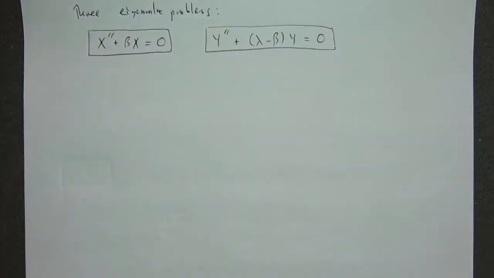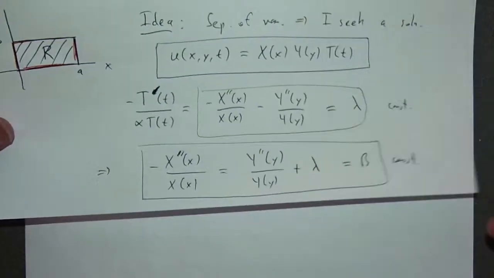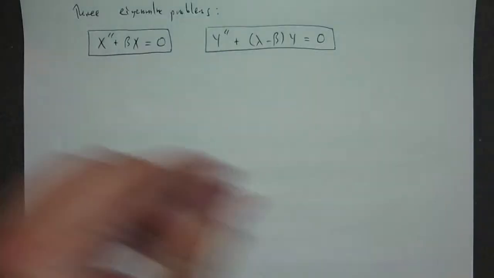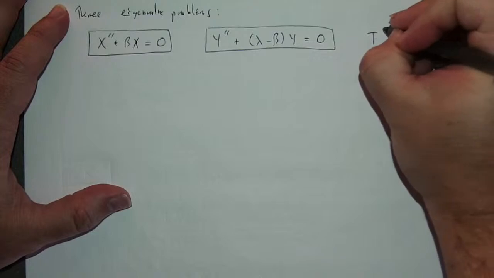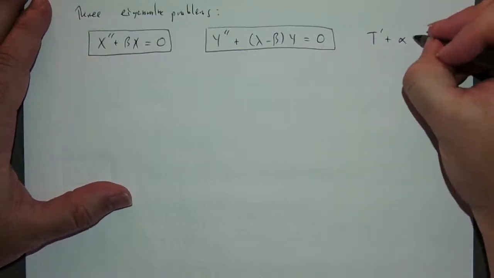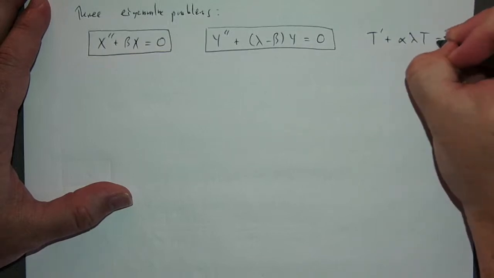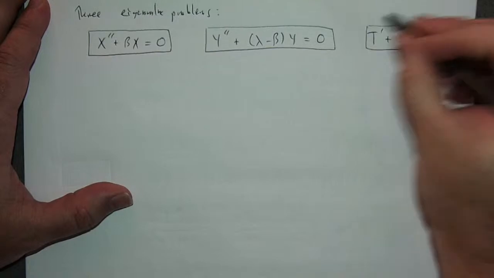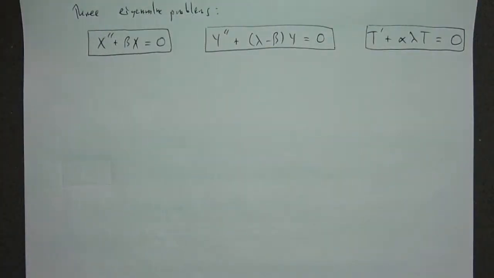My eigenvalue problem for T is actually the same as it was in my 1D case. So this is T prime plus alpha lambda T is equal to 0. Those are my 3 eigenvalue problems. Okay.